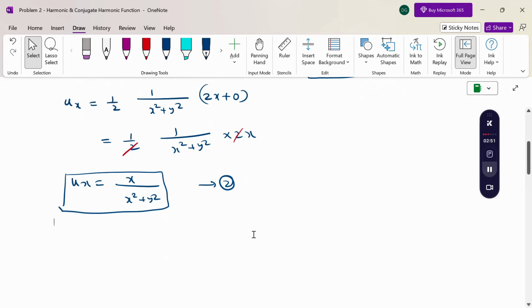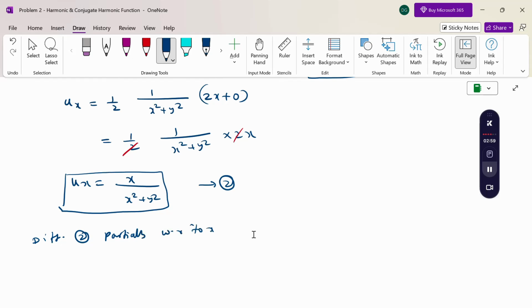Then again differentiate equation 2 partially with respect to x. Now d by dx of u by v is nothing but v u dash minus u v dash by v square.